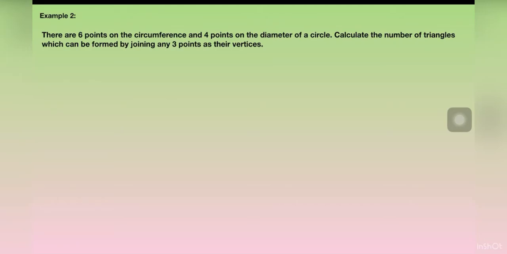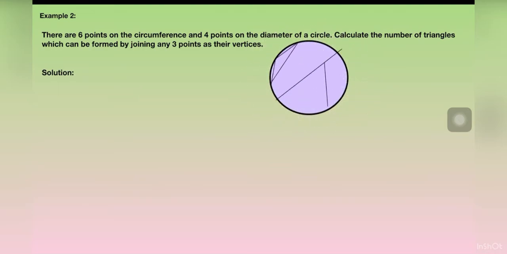Example 2. There are 6 points on the circumference and 4 points on the diameter of a circle. Calculate the number of triangles which can be formed by joining any 3 points as their vertices. So we have a circle, with 6 points on the circumference and 4 points on the diameter.